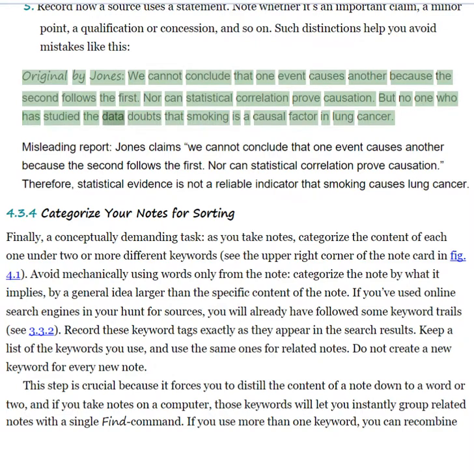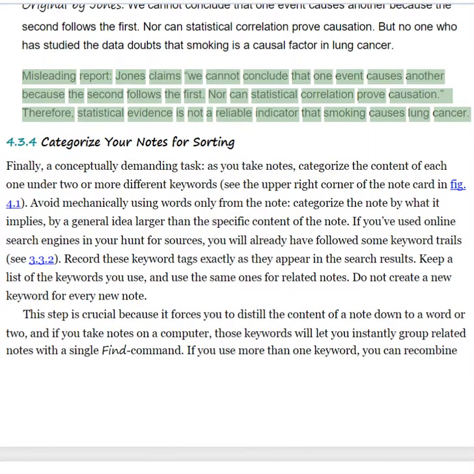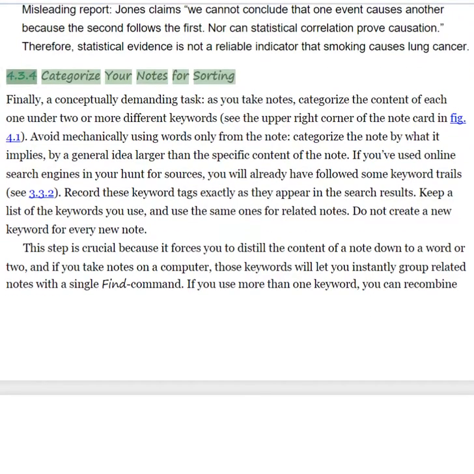But no one who has studied the data doubts that smoking is a causal factor in lung cancer." Misleading report: "Jones claims we cannot conclude that one event causes another because the second follows the first. Nor can statistical correlation prove causation. Therefore, statistical evidence is not a reliable indicator that smoking causes lung cancer."